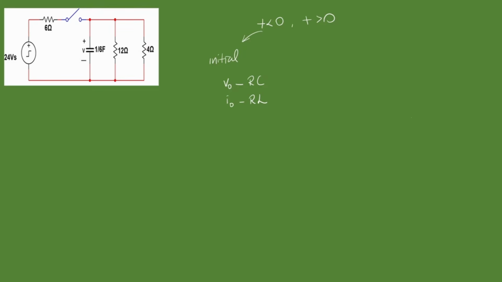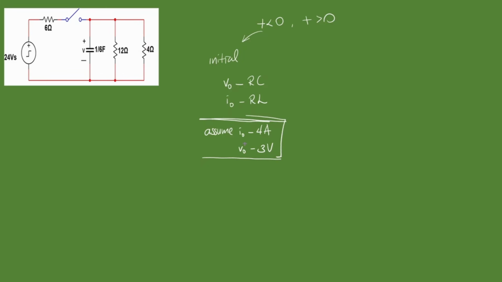Now, you may not always have to. You won't always need to do this because there are some questions where they will give you initial conditions, they'll say assume I naughts to be 4 amps or assume V naughts to be 3 volts, something of the sort. So in questions like this, you likely won't see a switch.